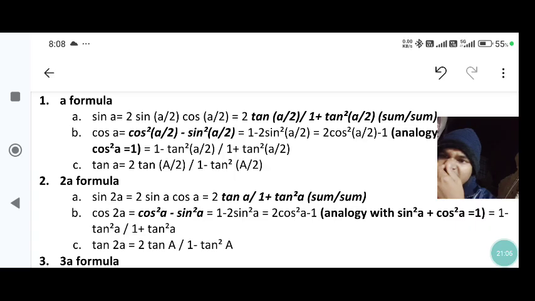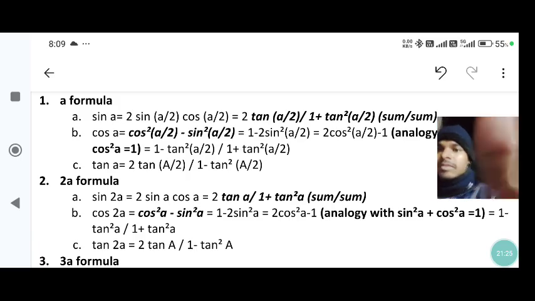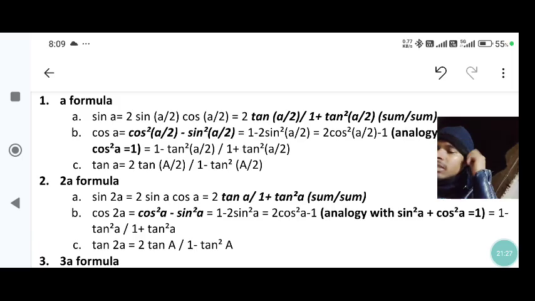For tan 2A, it is equal to 2 tan A divided by 1 minus tan square A. For tan it is sum by difference, the difference is at the bottom.